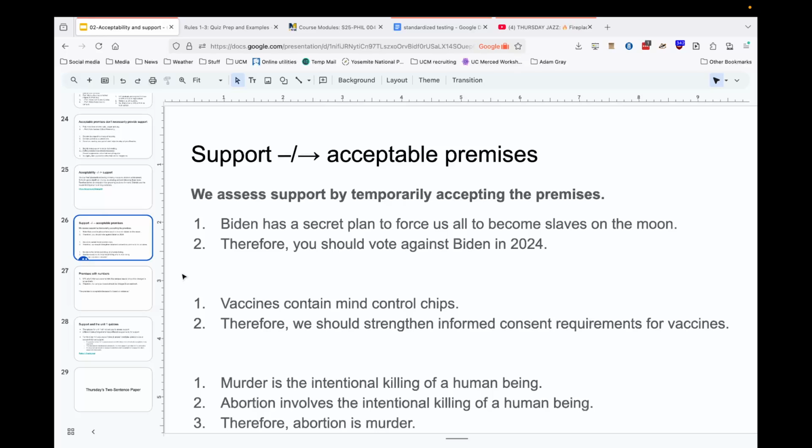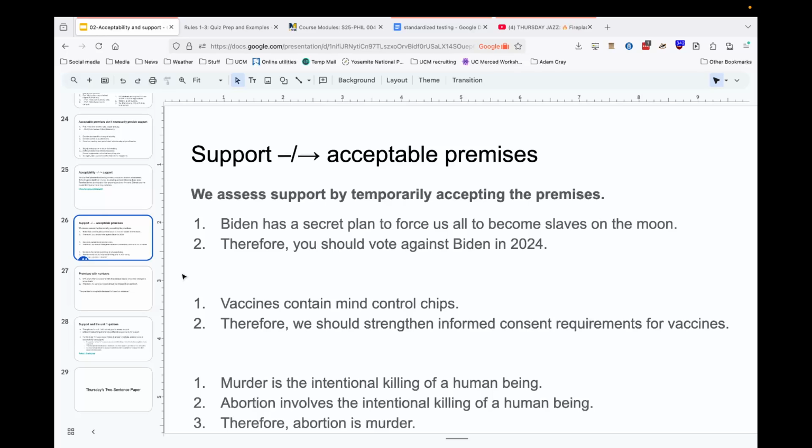Good. Because Shri was a little quiet, I'm going to paraphrase. Premise 2 is a claim that might not be accepted by a lot of pro-choice people. Pro-choice people might say that abortion can be justified in certain circumstances.